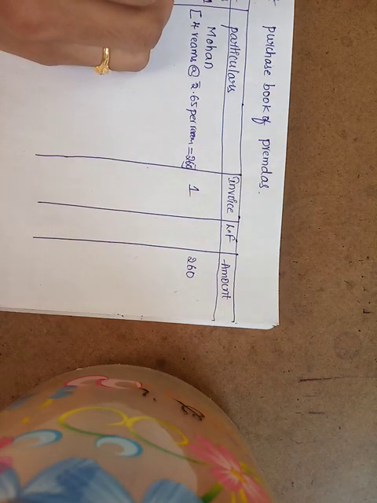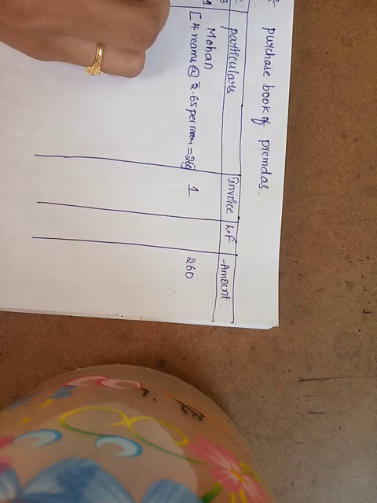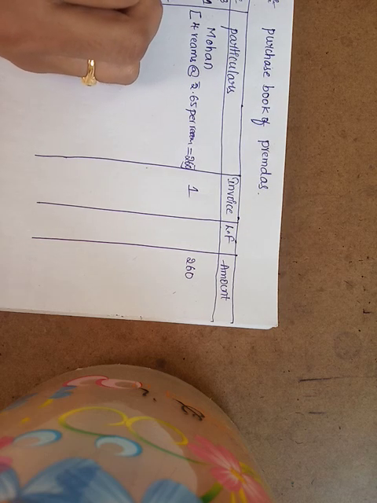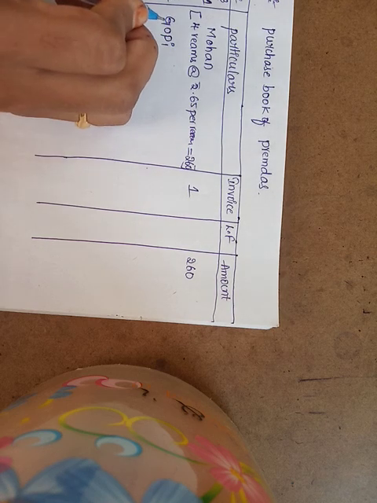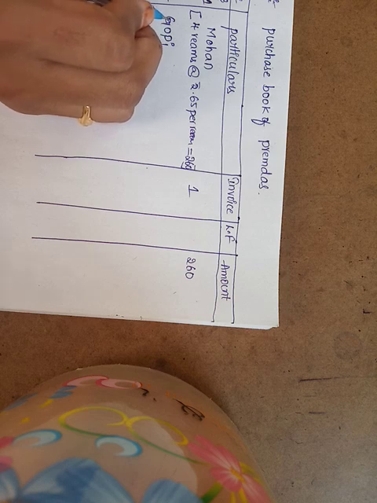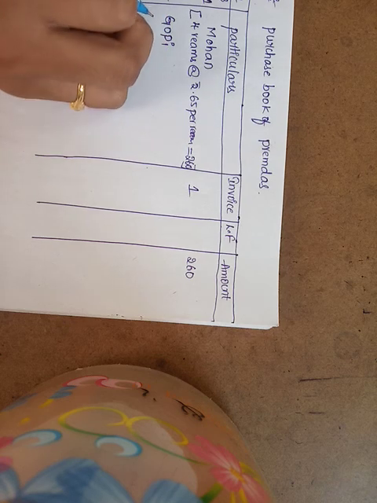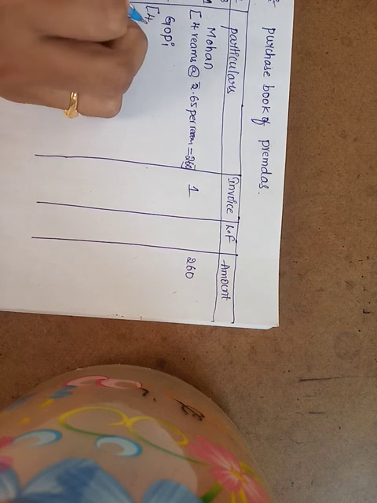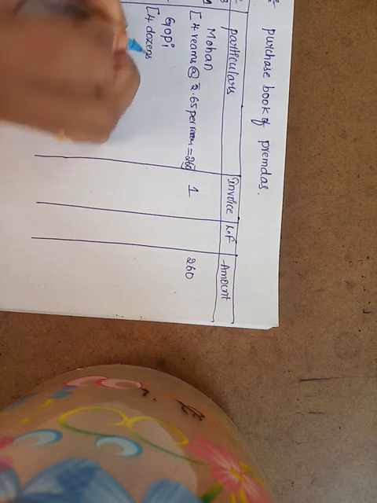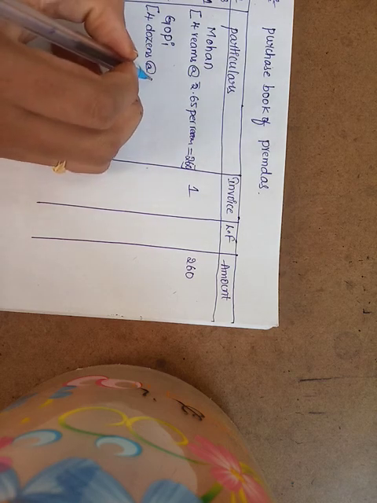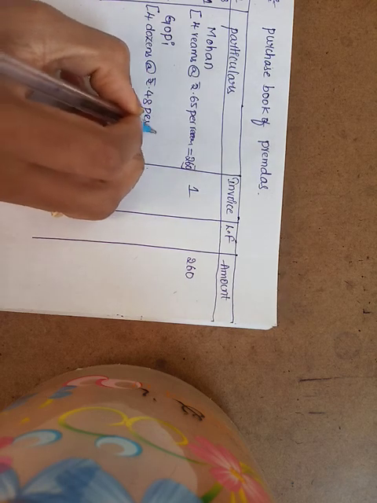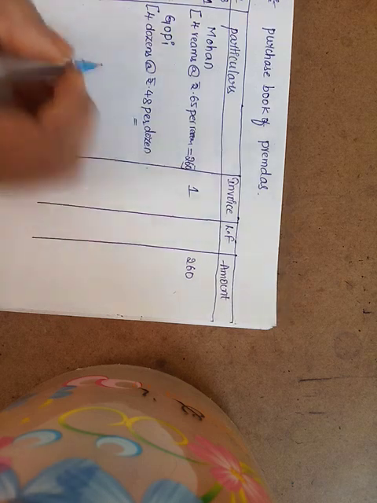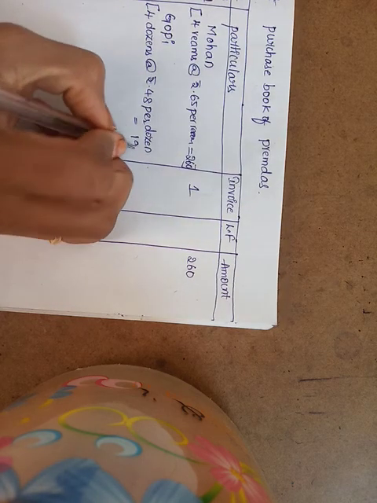Next is Jan 2nd, purchased from Gopi, 4 dozens ink bottles at the rate of rupees 48 per dozen. Total is 4 into 48 is 192.